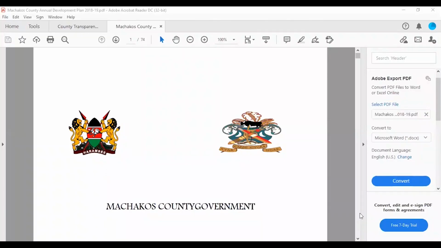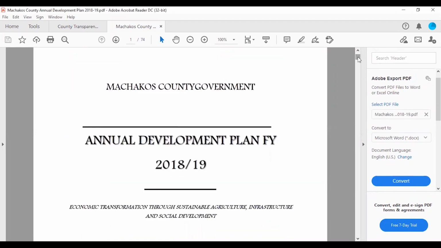So it is now up to us to decide that in the next annual development plan that is going to take place in September, we should attend, and even during our public participation, when we are submitting our memo, when we look at what they have presented, we see whether whatever is being asked has been provided.